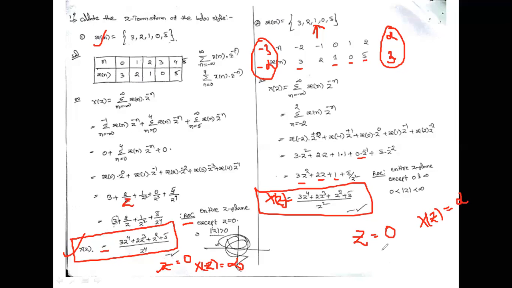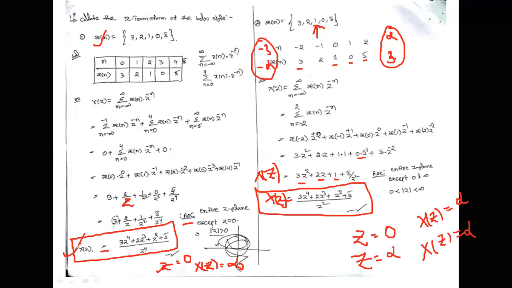Or otherwise, if you take this function X of z with z infinite, the last term becomes 0 and the remaining value becomes infinite. So X of z is also infinite when z is equal to infinite.